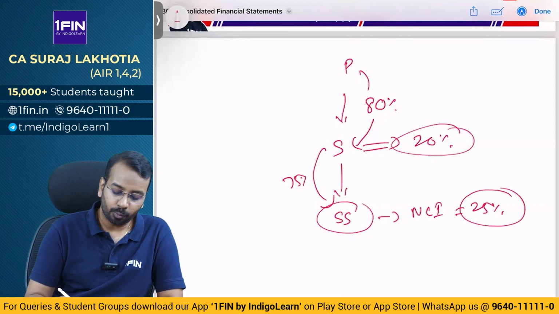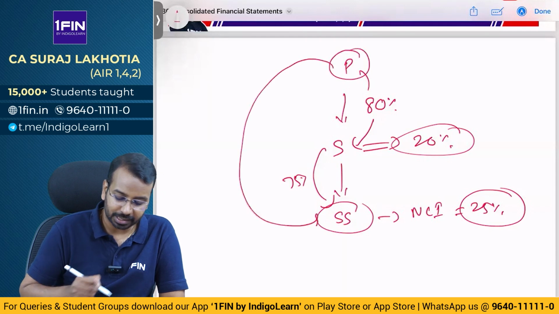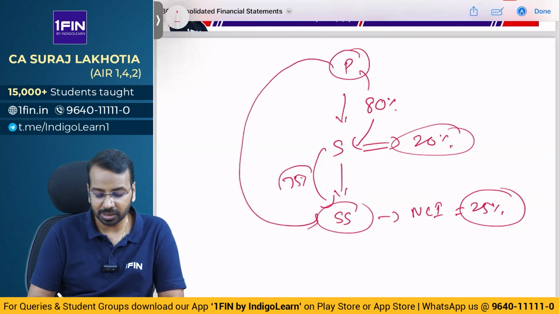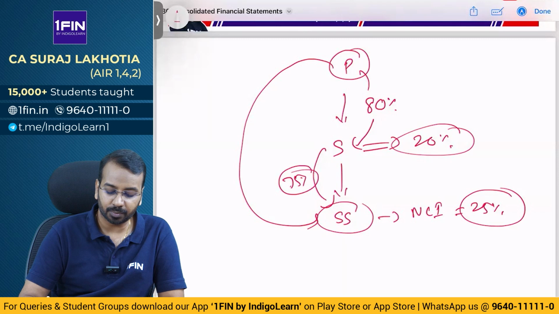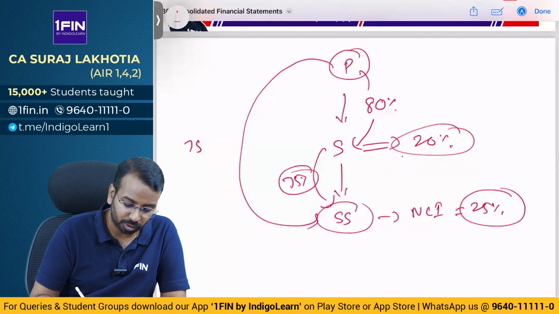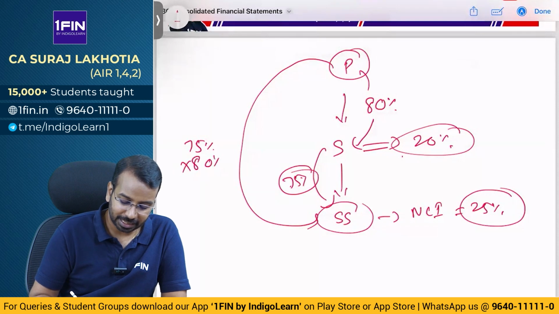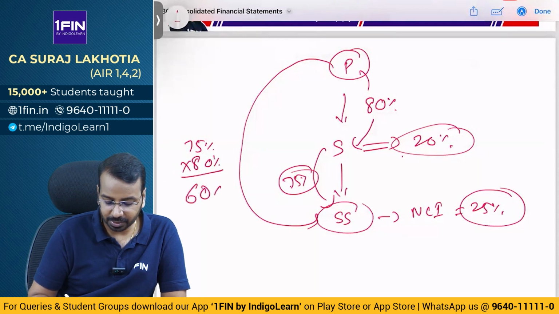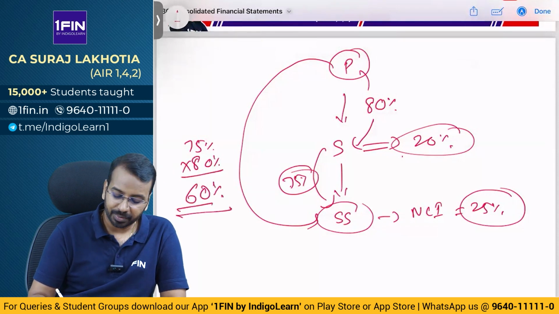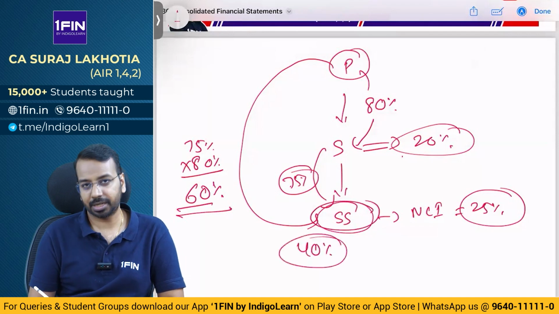Okay. Now, when I look at P's effective control over SS, P does not control full 75%. Out of the 75%, 20% is held by outsiders. So can I say effectively P holds 75% into 80%, that is 60% in SS, and effectively in SS, 40% is held by outsiders.